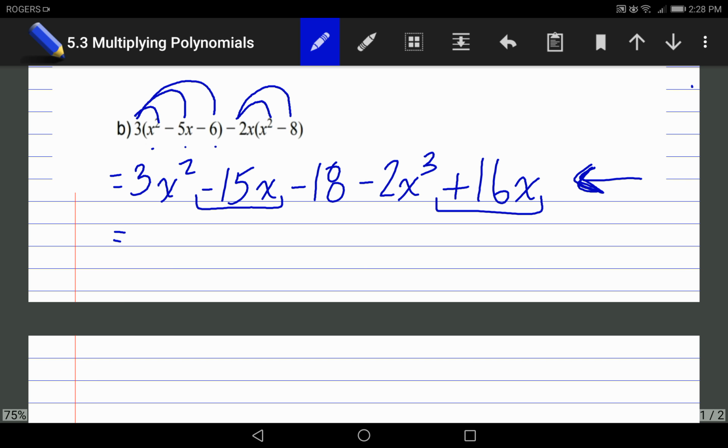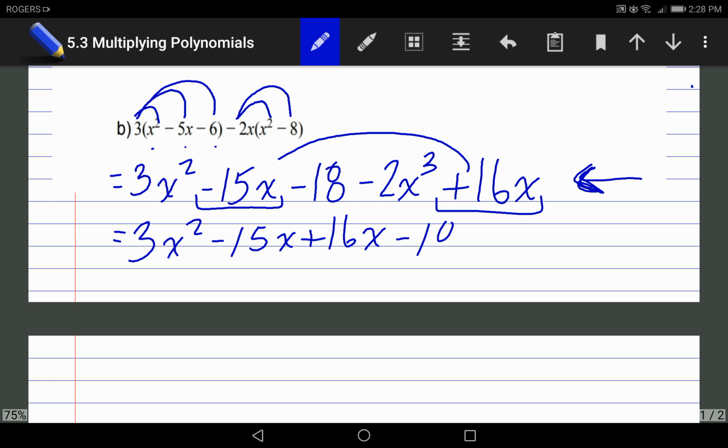So I'm going to group those together, and then I'll add them in the next line. So let's go 3x squared minus 15x. Remember, use the sign in front, plus 16x. Use the sign in front of the 16. Then rewrite the rest. Minus 18, and then minus 2x cubed.